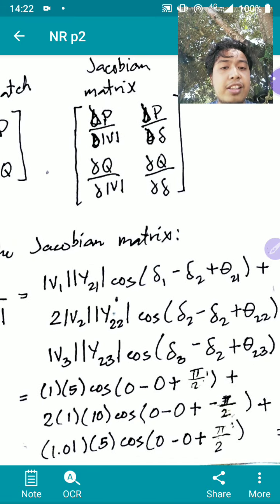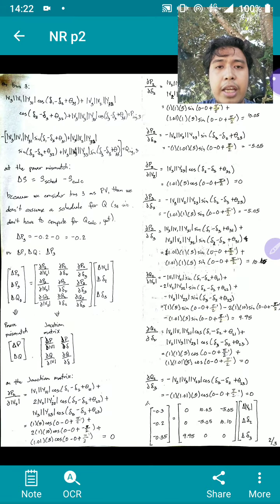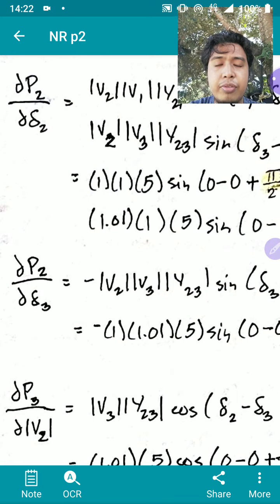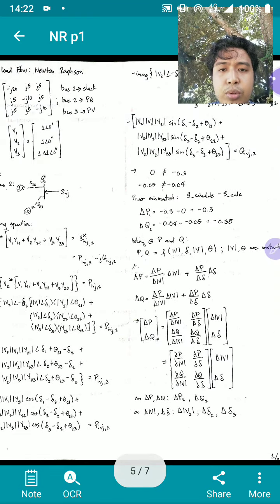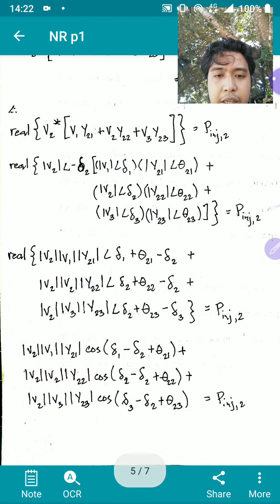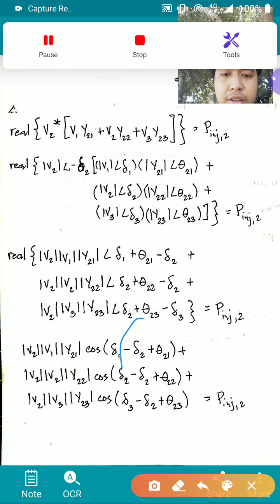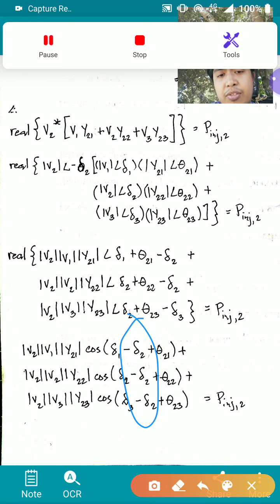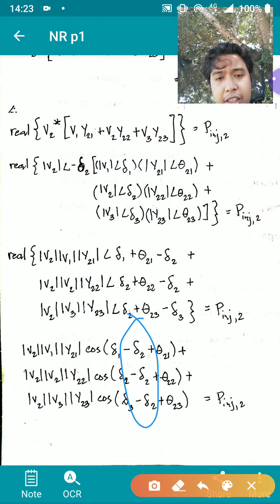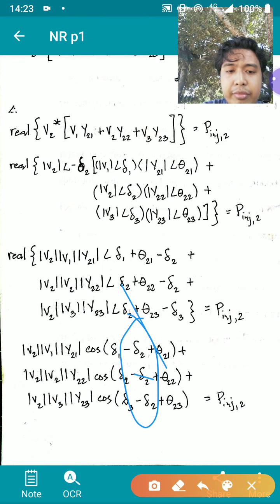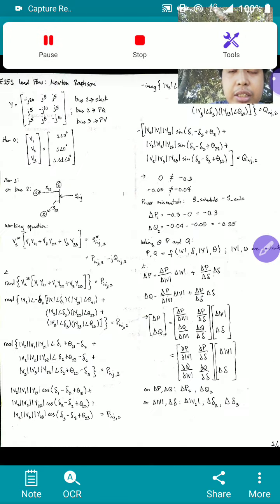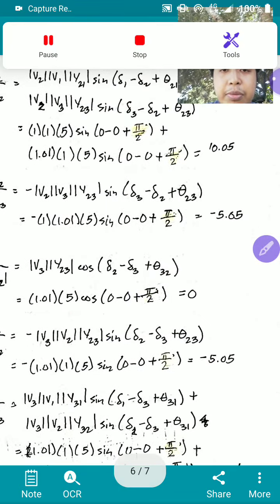So that's basically 0. Okay, then the partial derivative of P2 with respect to angle 2. So angle 2 is present in all of this. The derivative of cosine has a negative sign, but it's negative delta 2, so it's a positive sign. Okay, and then you perform that operation.